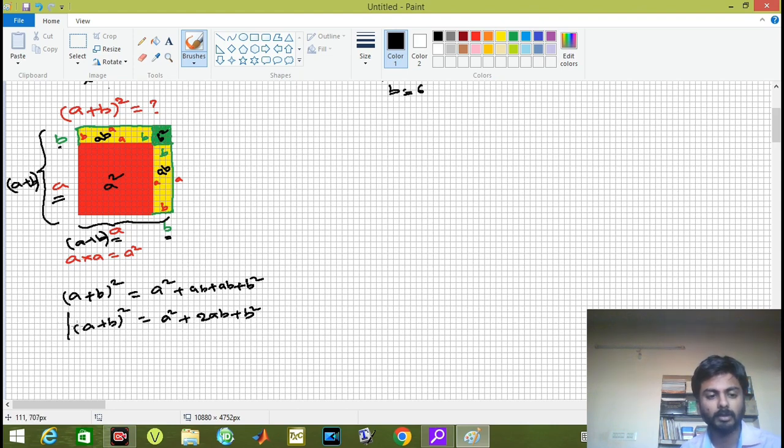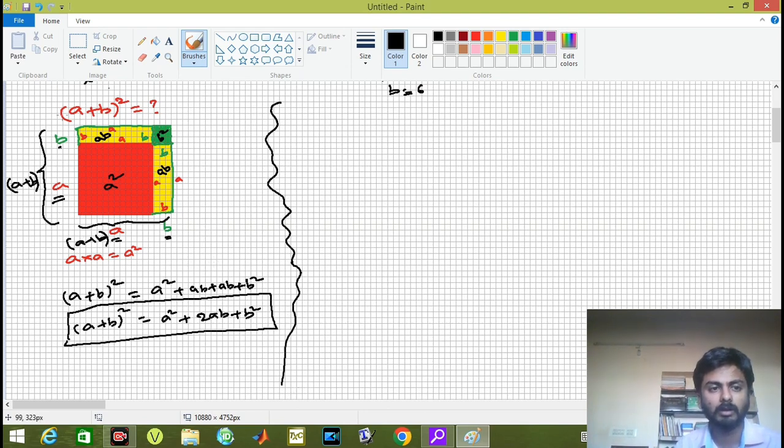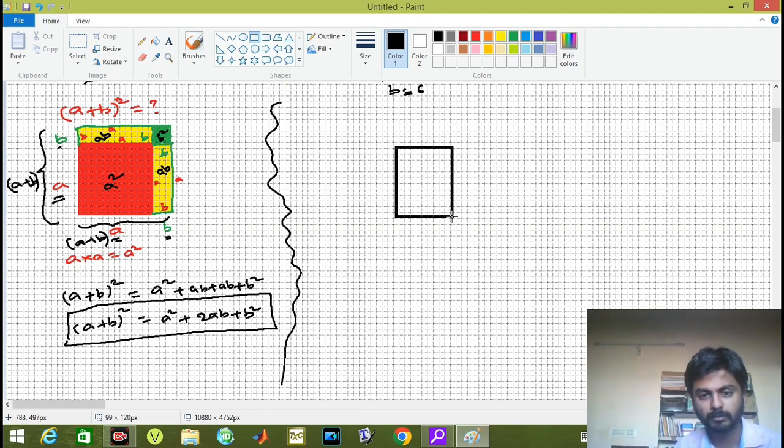Now we are going to take another figure. We are going to assume a square once again. Now this is a square.